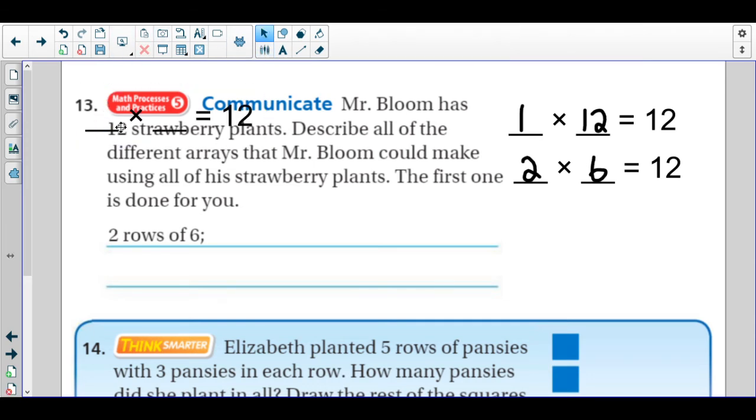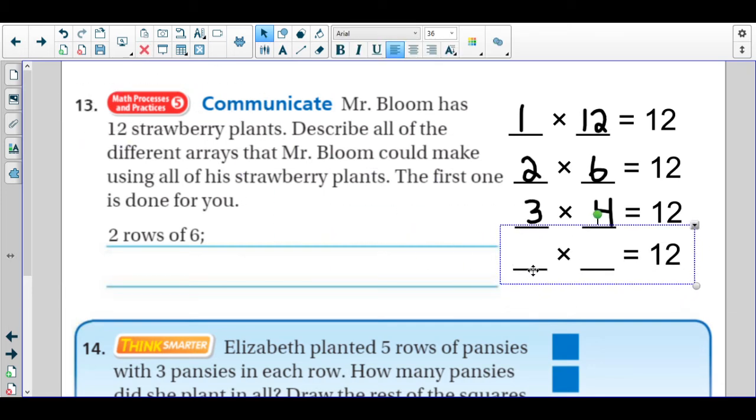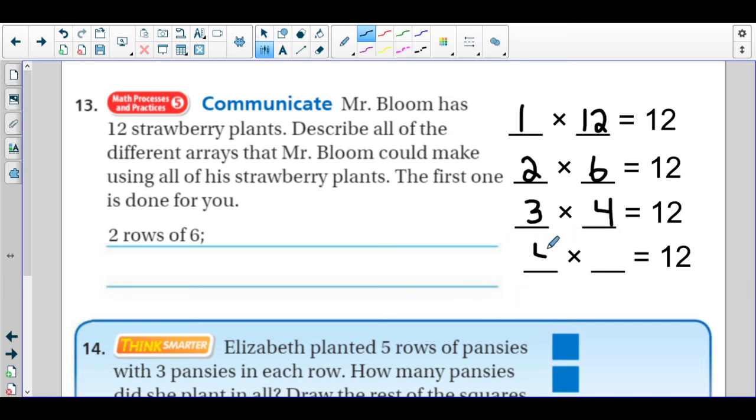What about 3? 3 times 4. There we go. That gives me 12. What about 4? Well, this is just the opposite right here. So we have 4 times 3.